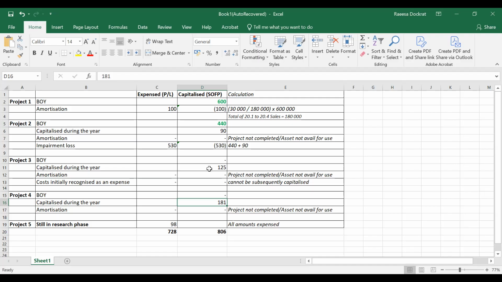So nothing will be able to be capitalized, right? So the 98,000 that was incurred in the research phase will go to our statement of profit or loss. This is a very basic example, but it should just help you to get an idea of what we mean by our differentiation between the research costs and the development costs.